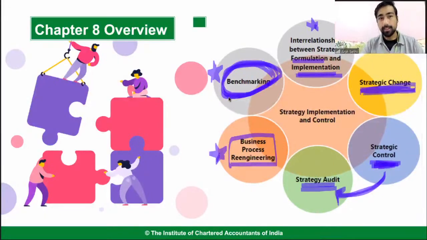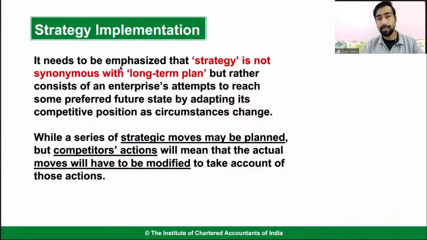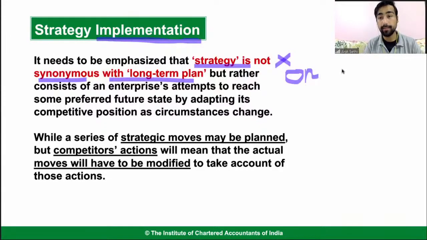Okay, cool. Let us start with the first concept, which is strategy implementation. Strategy implementation का क्या मतलब है, right? You need to understand that strategy is not synonymous with the long-term plan, right? Strategy का मतलब ये नहीं है कि what is your long-term plan. Strategy, you remember from chapter 1, it is an ongoing activity, right?